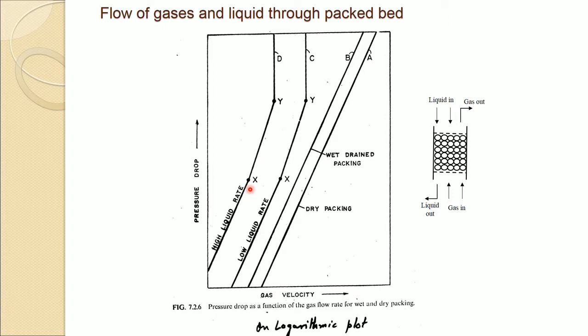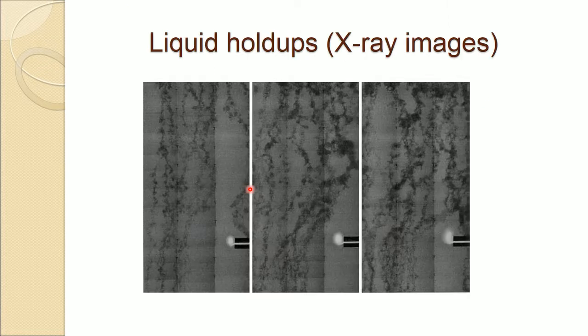So, we will now be talking about the liquid holdup. Before we go, you know this is a high temperature region where we are talking about 1400 degrees Celsius temperature. So, it is very difficult to visualize that in a live way.